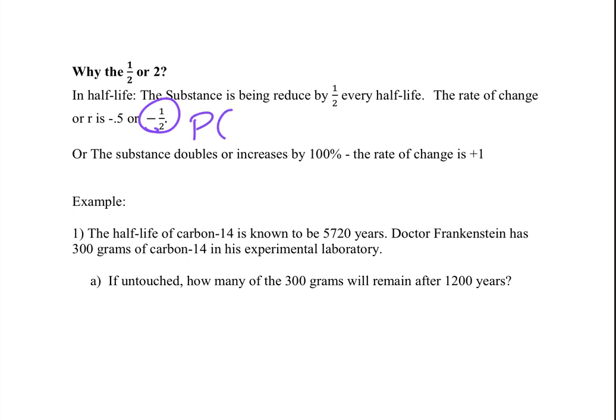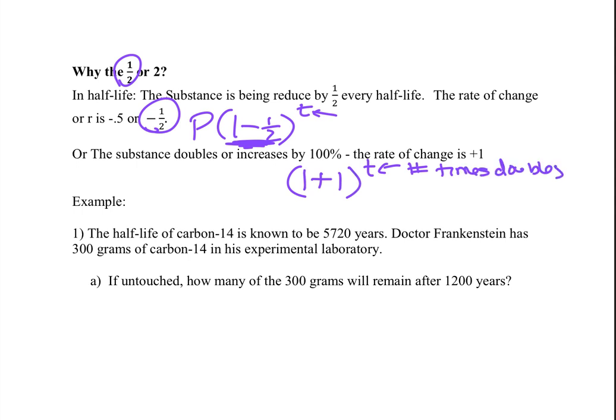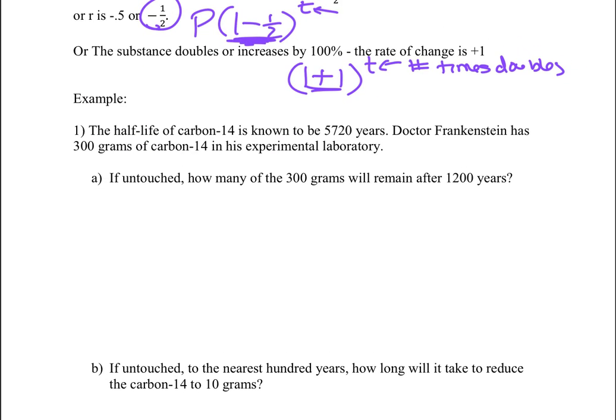If we put this into a regular formula, this number right here is the half-lives you went through, and this number is 1 minus the half, or 1 minus 0.5, which gives us that half in the base. Same thing for double. The difference is the rate is 100%, so it's 1 plus 1 down here, and T is the number of times it doubles. And that 1 plus 1 is 2. Take that with what you must.